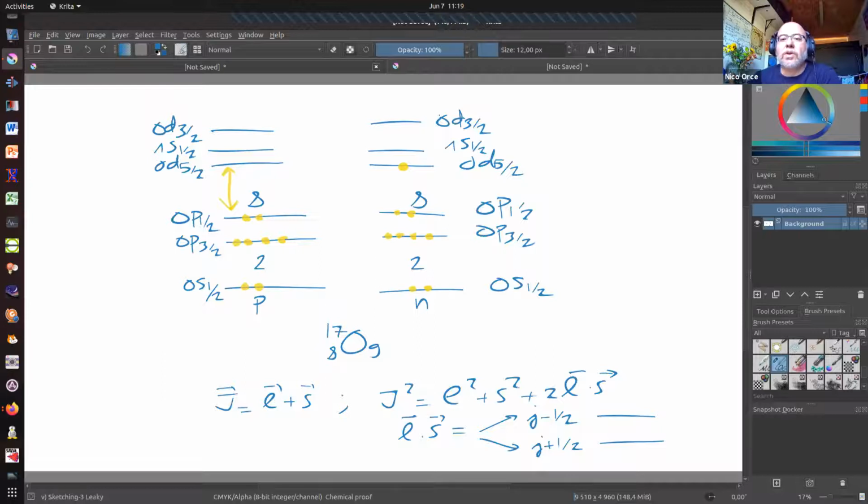So we have an odd particle right here, which is going to define, as we are going to see, the nuclear properties.